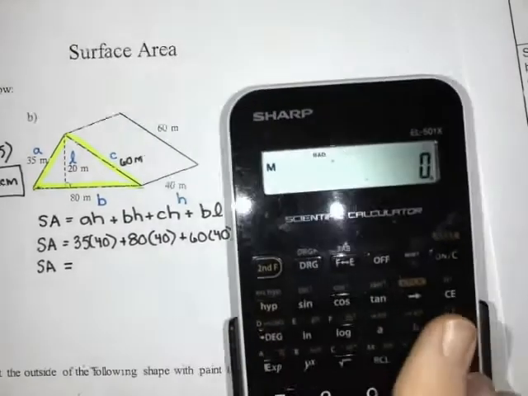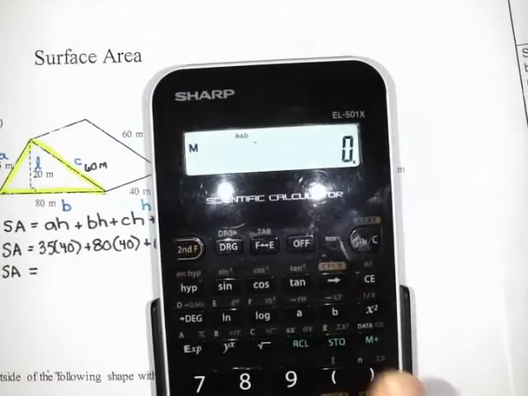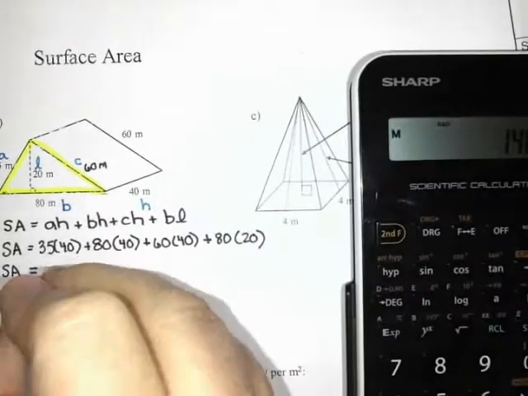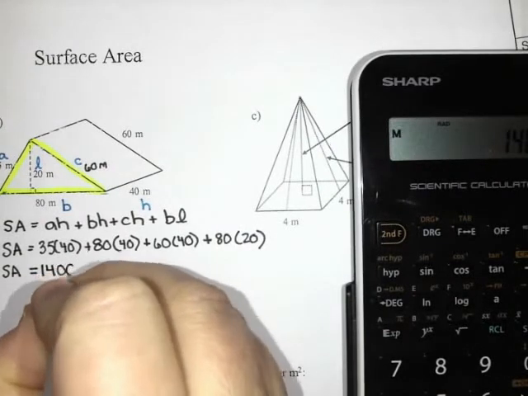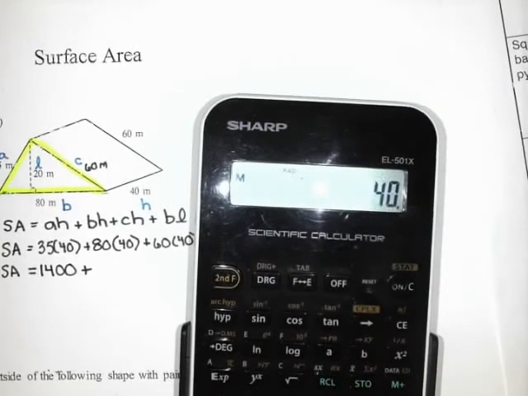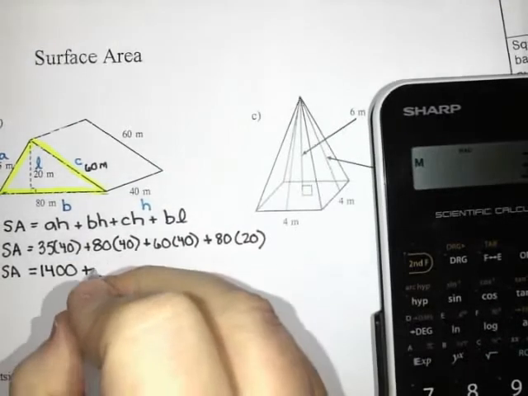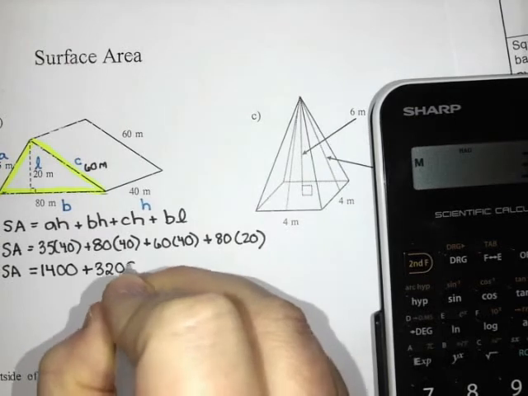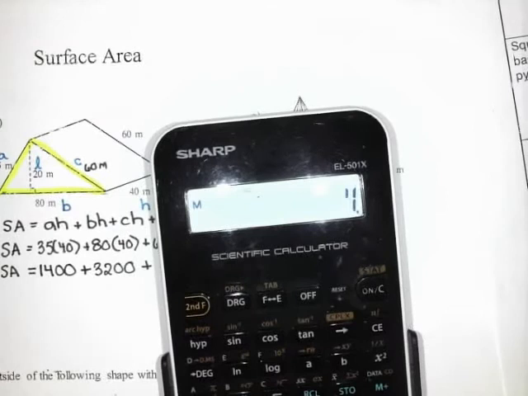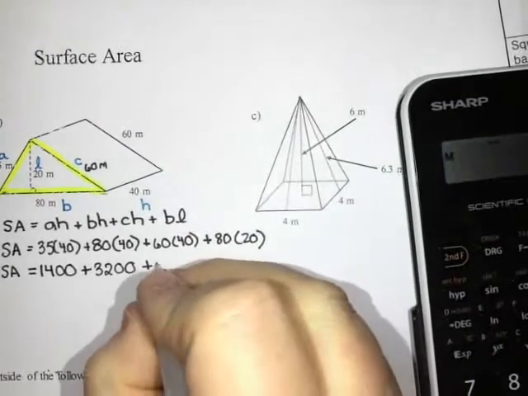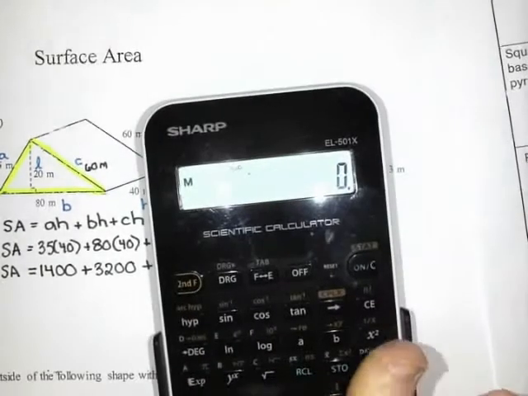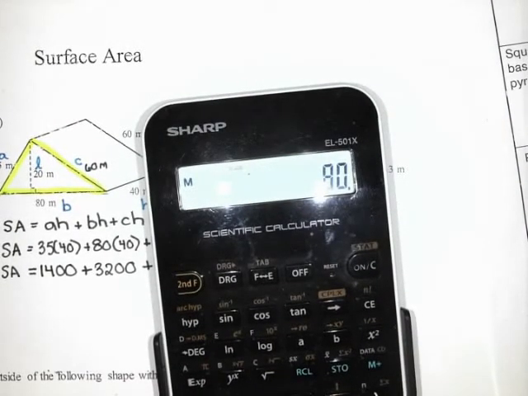So 35 times 40 is 1,400. 80 times 40, I believe, is 3,200. 60 times 40 should be 2,400. And 80 times 20 should be 1,600.